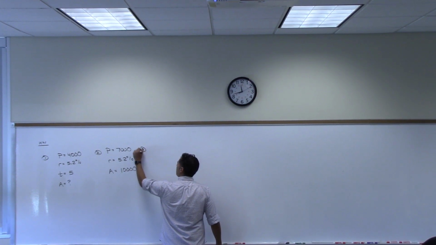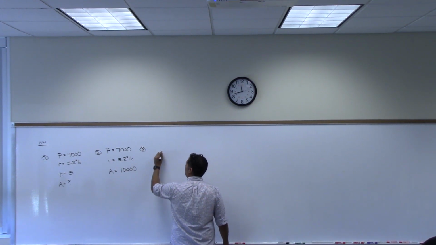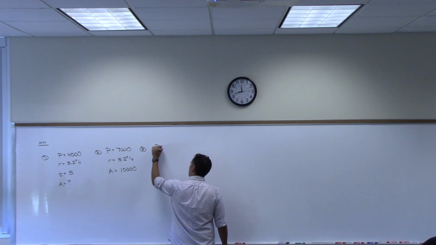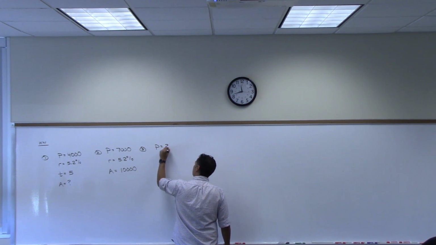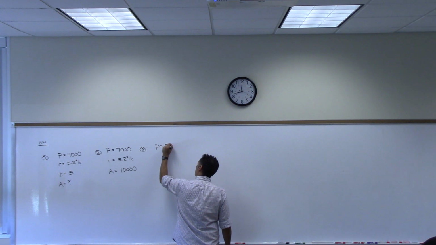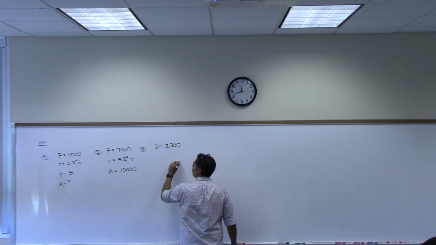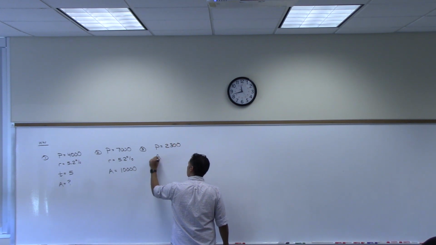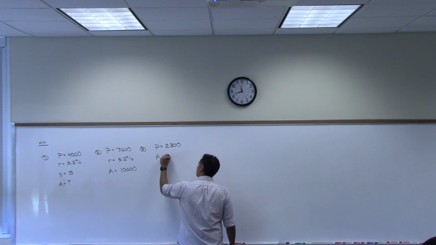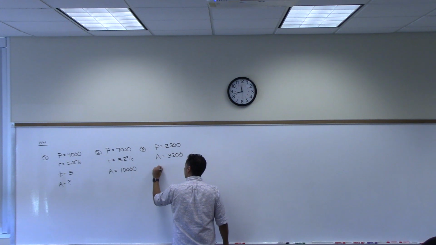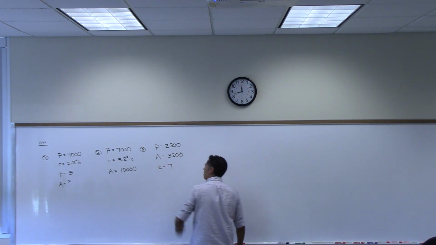Third one, let's go with, start with $2,300. You're going to end with $3,200, and the time you want for that is 7.